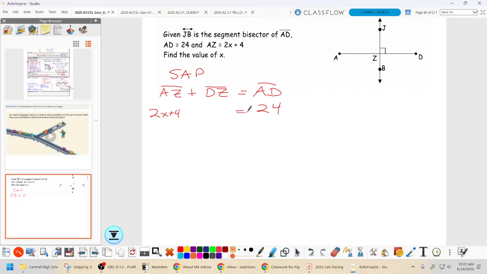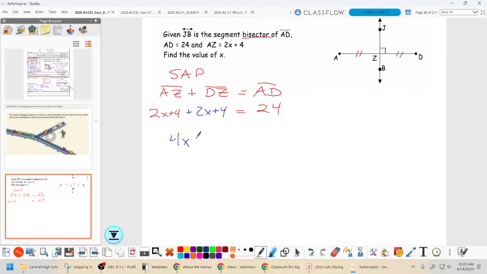So this is where you go back through and you're like, oh, it's a bisector. I know the segment addition postulate, and you start filling information into your picture. What does bisect mean? Cut in half. So that splits those two into equal pieces. And then what can we fill in right here? For D, yeah, 2x plus 4.